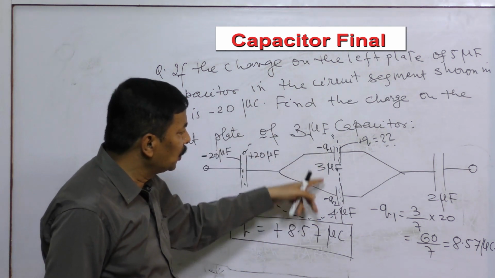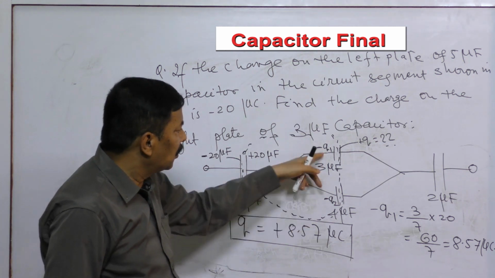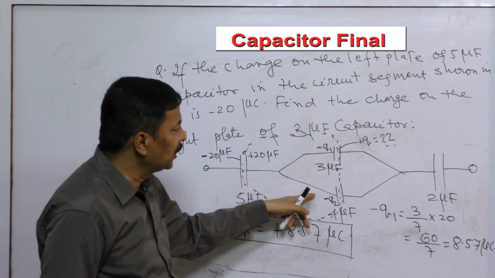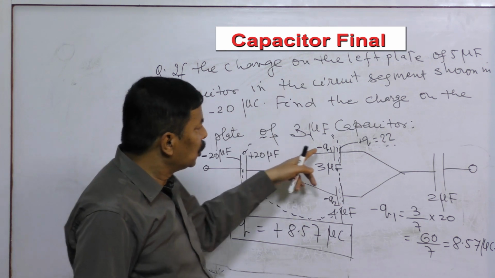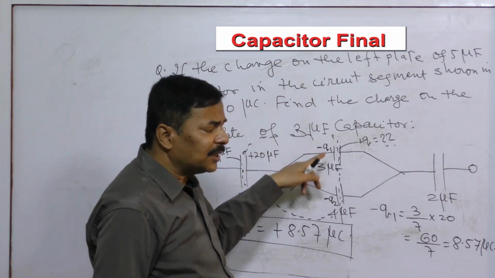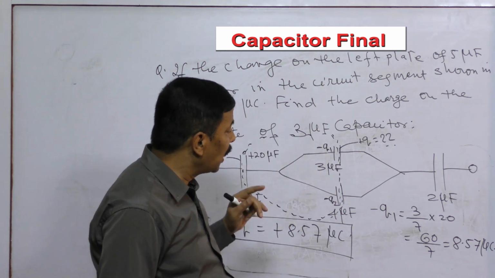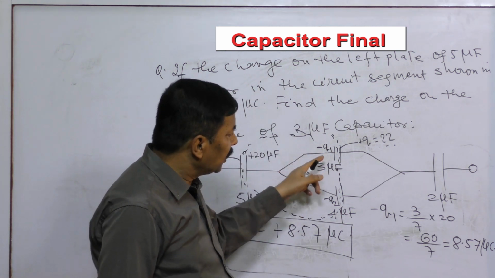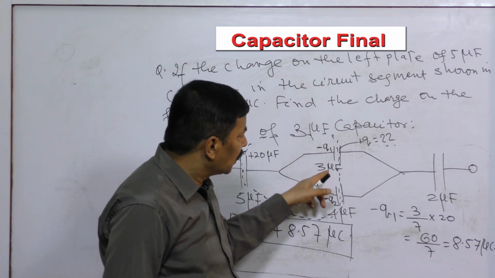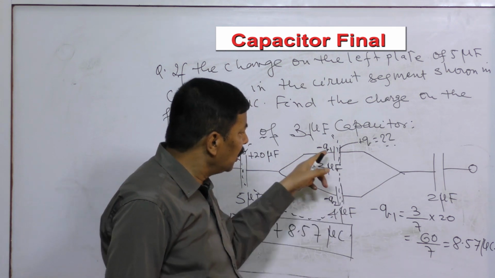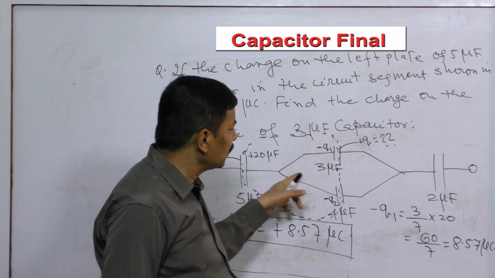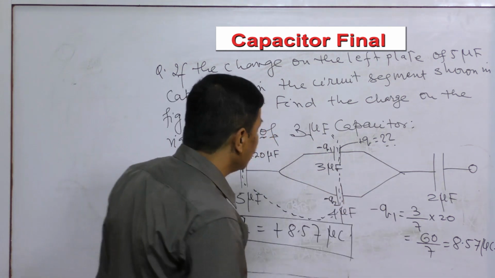So in these two, minus 20 should be there. So Q1 charge is in the ratio of their capacitance. So Q1 is equal to what? Q1 is equal to capacitance by total into total charge. Total charge is how much? This, and we are getting 8.57.